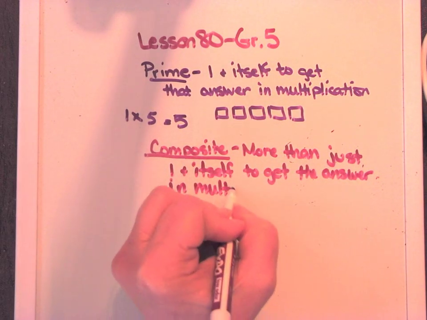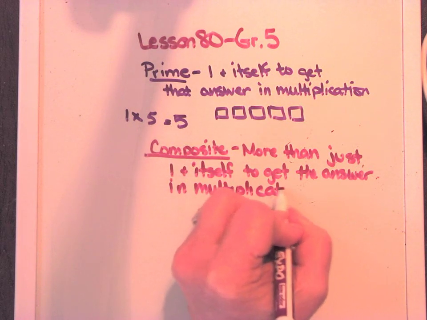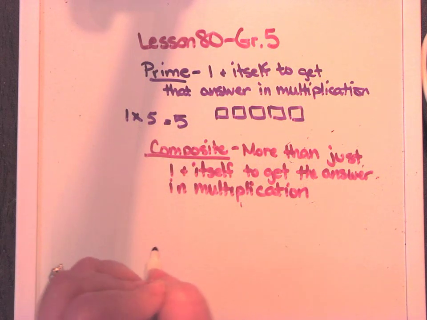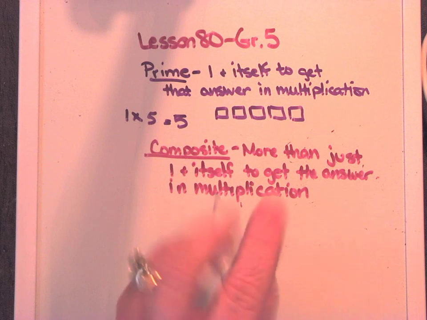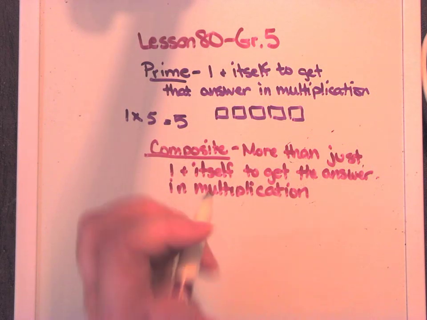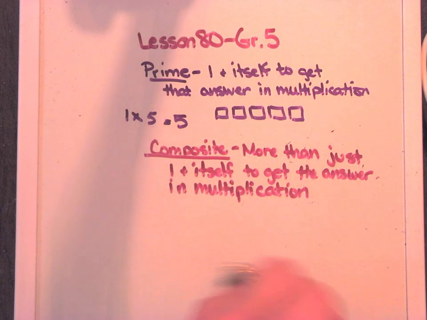Now, this is my definition of it as far as for you, but it is also the idea that I can arrange things in more than one way to come up with that number, and even in an array. Remember, an array has the same amount going across as it does down, or same in each row, same in each column.